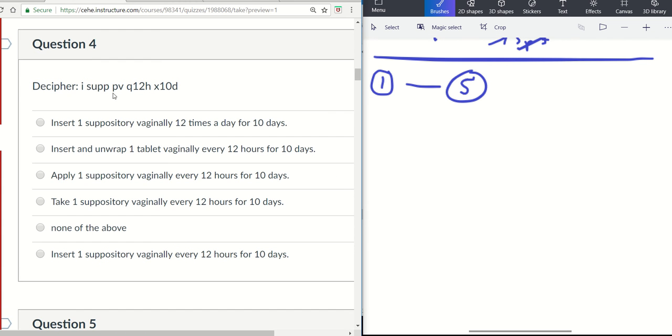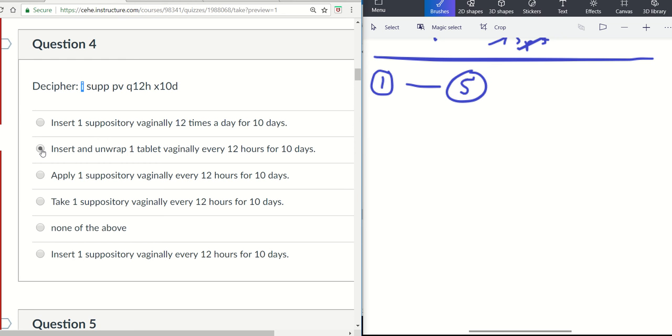4. Suppositories vaginally. What is the verb? Insert. What do you have to do before you insert? Unwrap and insert. So which of the following is correct? How talented is your patient if they can insert and unwrap a suppository? Is that correct? What do you do first?